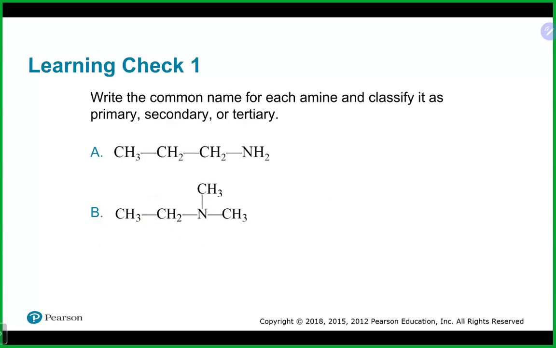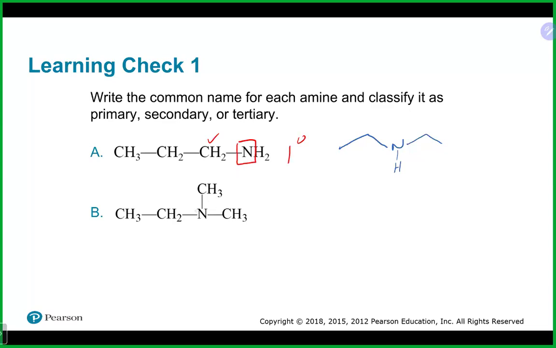Other questions? All right, so once you identify these, why don't you also identify these as primary or secondary? It is a primary. Looking at the nitrogen, and again, carbon directly attached to it is only 1, so that would be a primary.